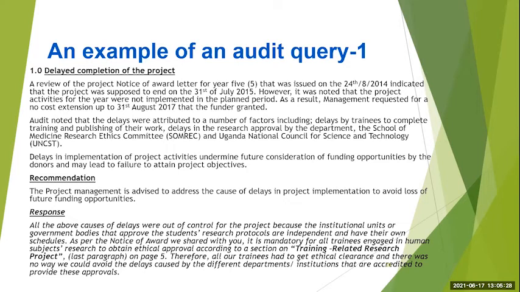We had to quote the notice of award: as per the notice of award we shared with you, it's mandatory for all trainees engaged in human subjects research to obtain ethical approval according to the section we gave on training-related research project activities. Therefore all our trainees had to get ethical clearance, and there was no way we could avoid the delays caused by the different departments or institutions accredited to provide these approvals.